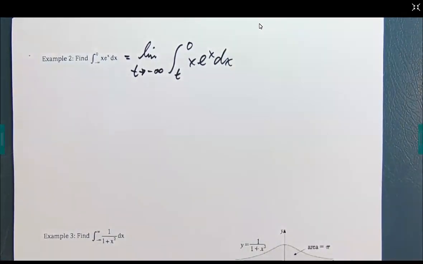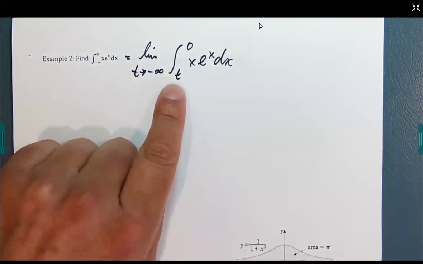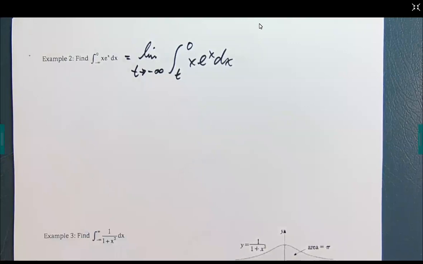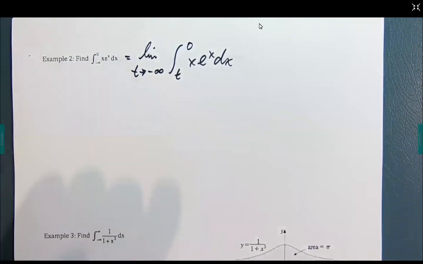So what we're going to do is go from t, a specific number, up to 0, a specific number. So now we have a closed interval. We're going to integrate this, and then at the end, we are going to shove t off to negative infinity in this case. Now, we got to keep in mind, negative infinity is going to have different consequences in some cases than positive infinity. This looks to me like this is going to be by parts.